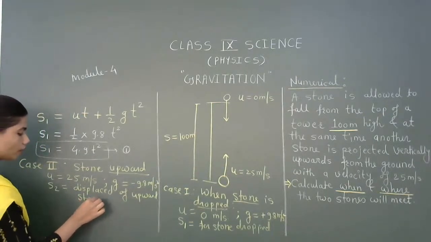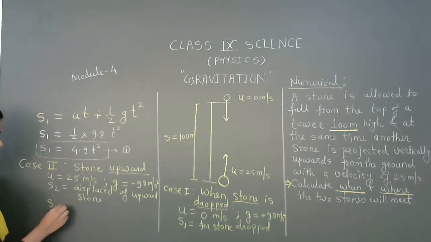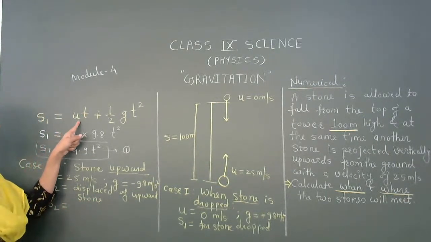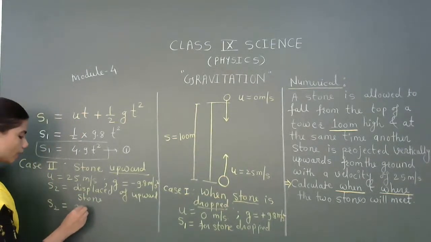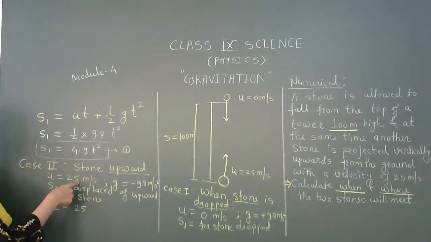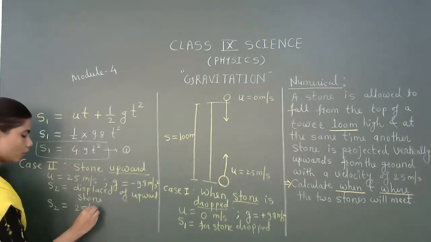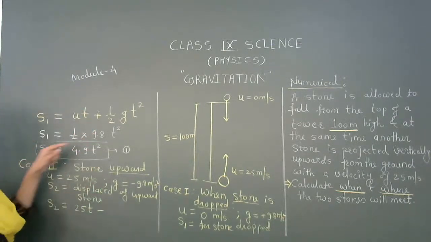Okay. So what will be the value now? S2 is equivalent to, here the u term is given, meaning this will not be 0, it will be only 25, which is provided, multiplied by t, 25t, minus. Why minus?